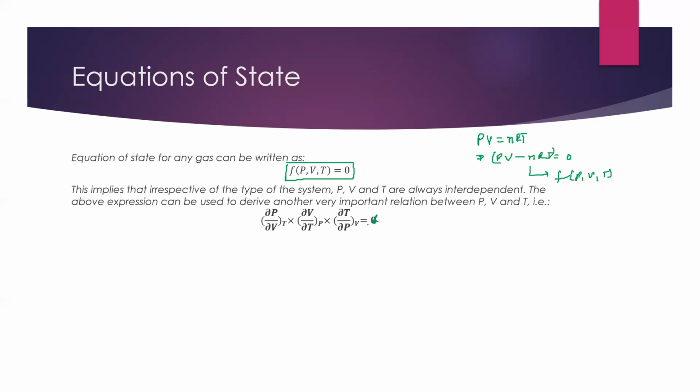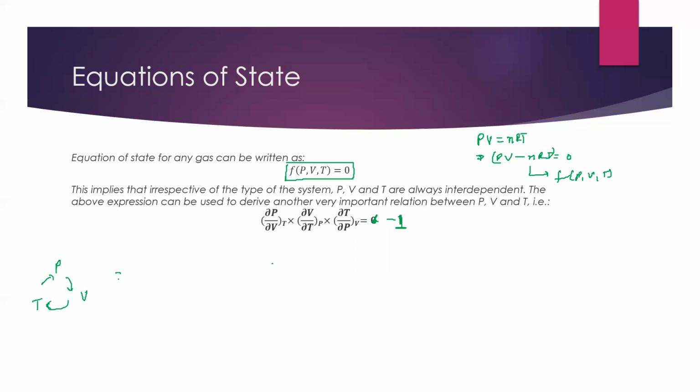So in that case, the above expression can be used to derive another very important relation between pressure, volume, and temperature. That is, dou P by dou V at constant temperature into dou V by dou T at constant pressure into dou T by dou P at constant volume. It's not 0, it is -1. If you can remember this, we write pressure, volume, temperature, and it goes in a cycle.